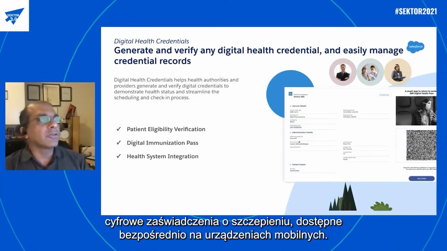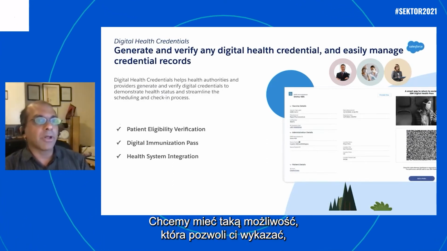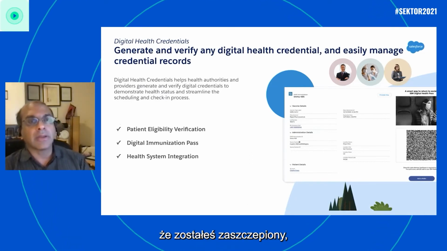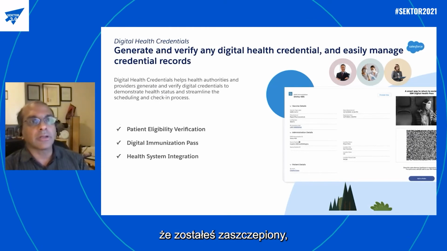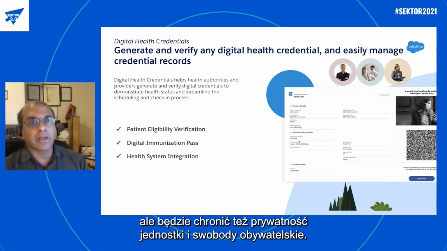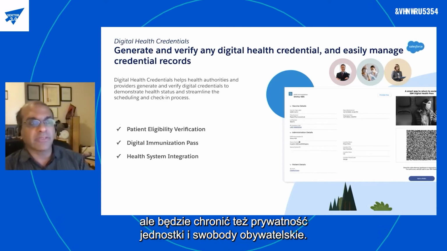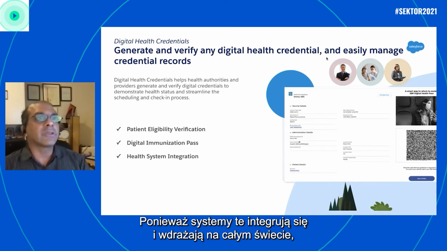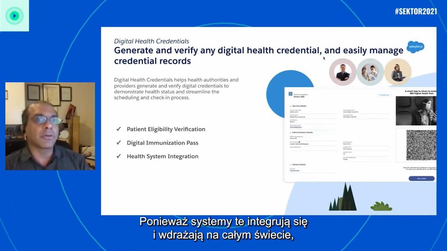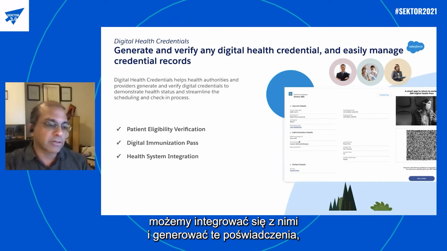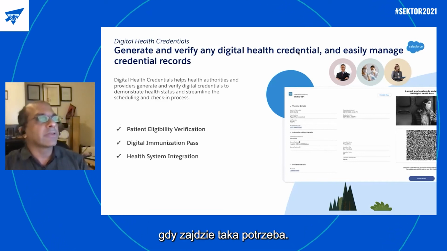And so you want to be able to have that, but also have it in a privacy-preserving way that allows you to demonstrate that you've been vaccinated, but is protective of individual privacy and civil liberties. And so as these systems integrate and roll out around the world, we can talk to those, we can integrate to those, and we can ultimately generate those credentials where necessary.